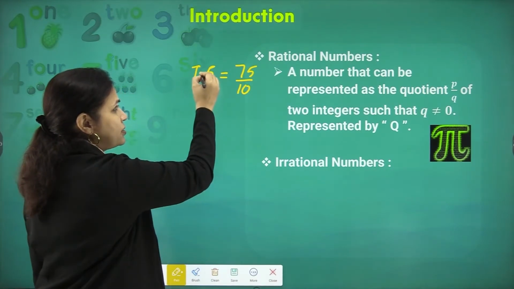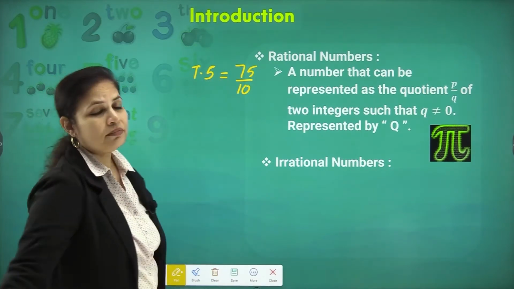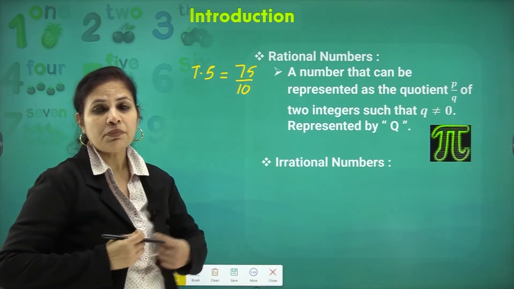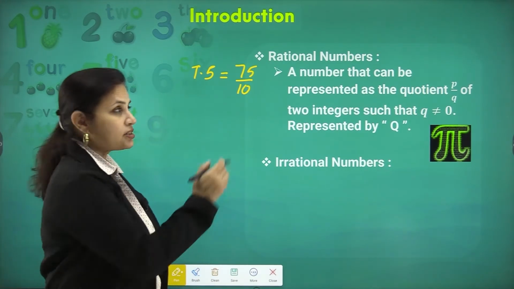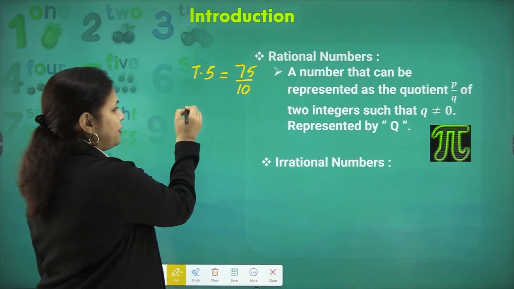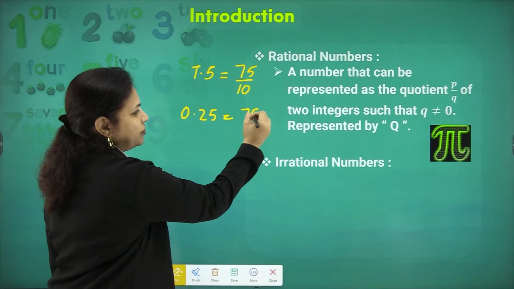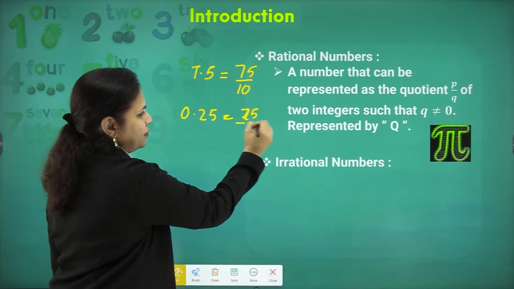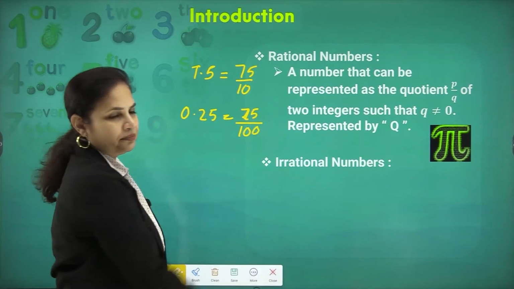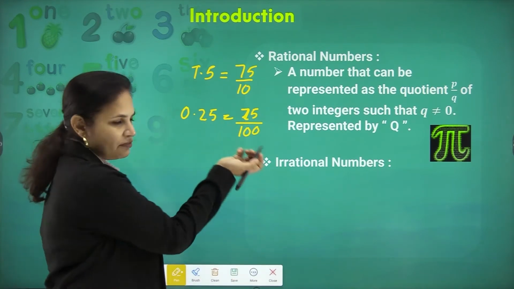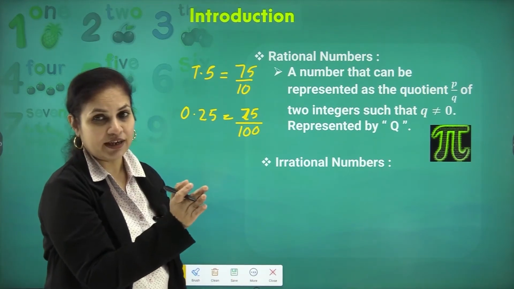Why? Because the digits after the decimal point are finite. It is terminating. Even if I write 0.25, I will have the denominator as 100, because we have 2 digits after the decimal point and it is finite.